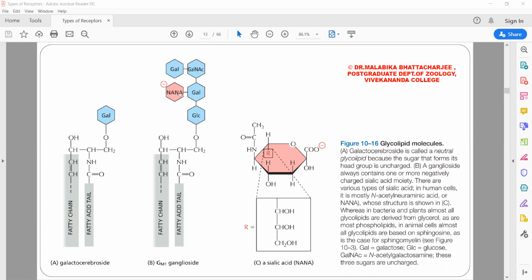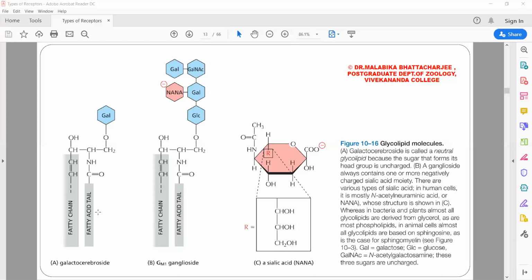So this is N-acetylneuraminic acid, and along with it we have certain carbohydrate molecules such as galactose and N-acetylgalactosamine. So this is a ganglioside. The presence of ganglioside is very important, and another important thing you should see is that the sialic acids are negatively charged, so they impart negative charge to the lipid molecule.